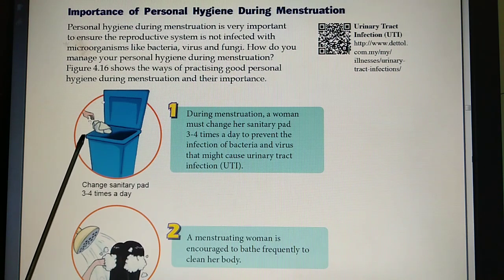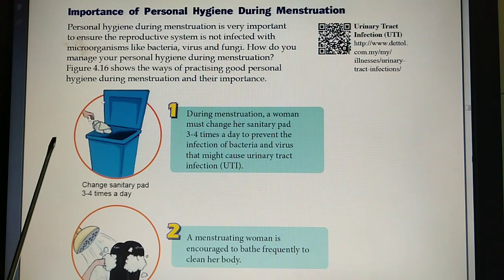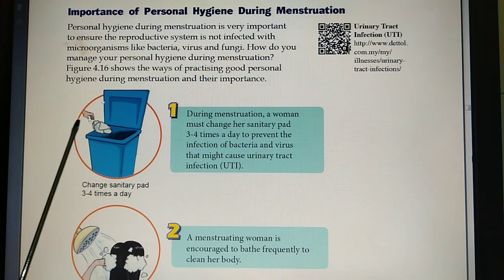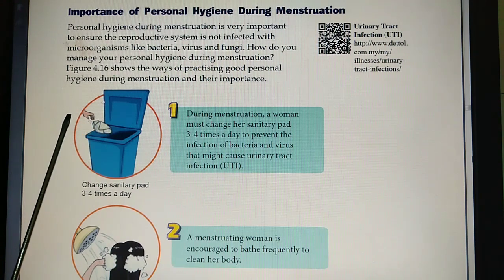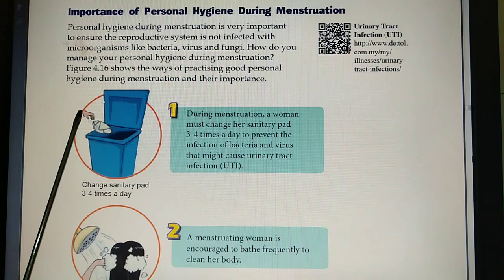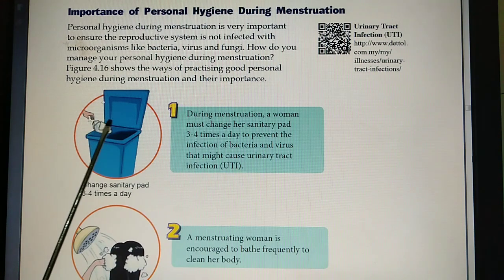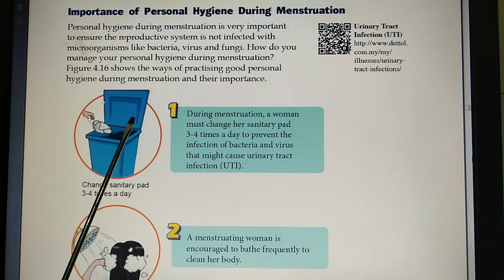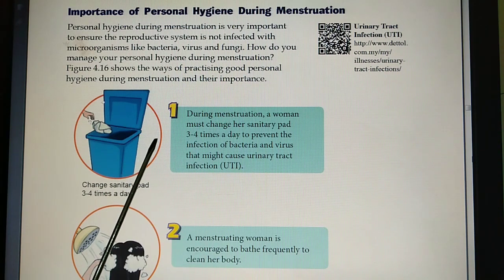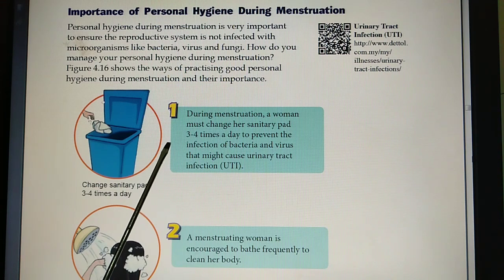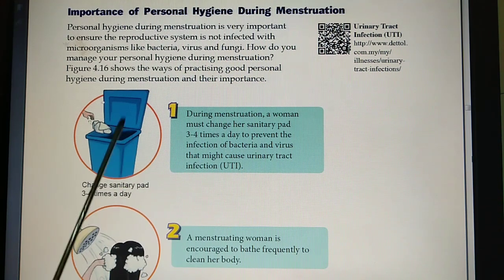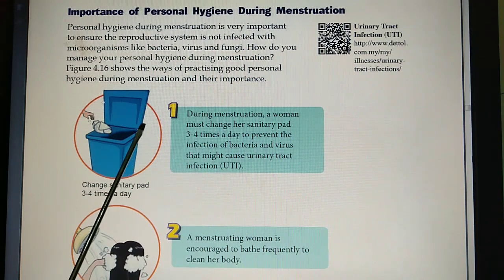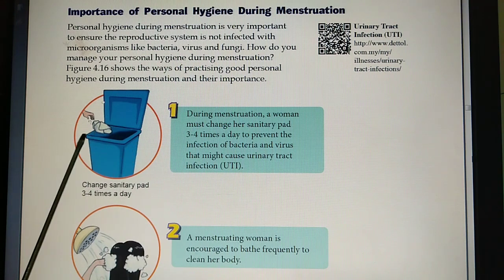Don't put it anywhere you like, because it contains very dirty blood, so it can infect others. So please take care about this practice, to avoid infection for you and for others.